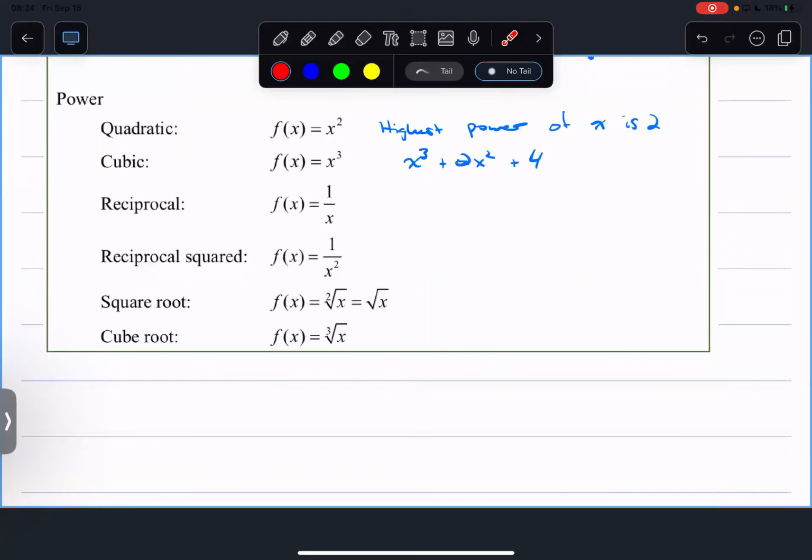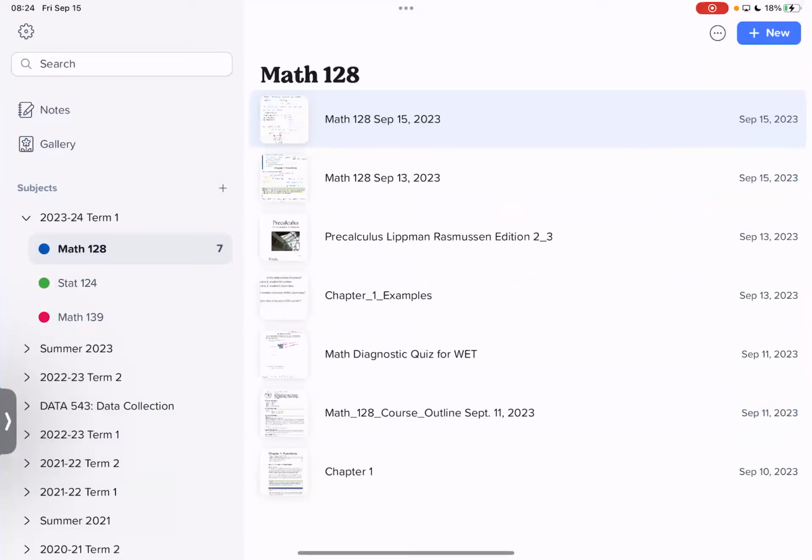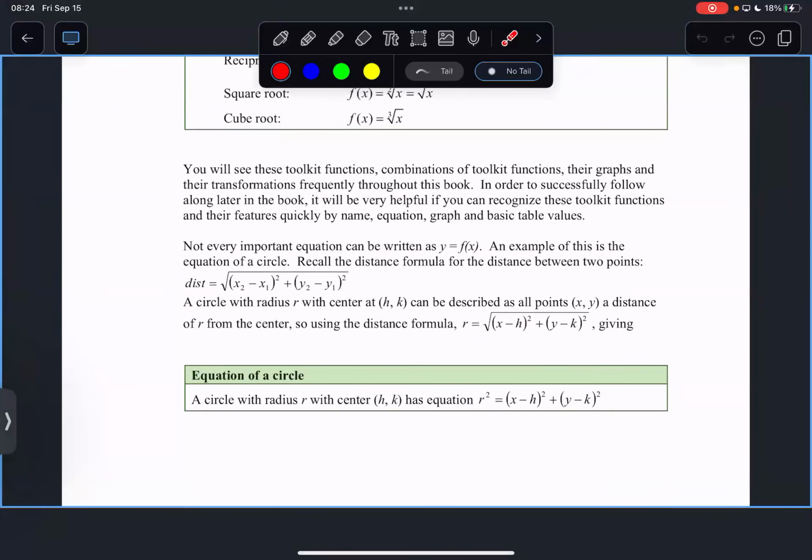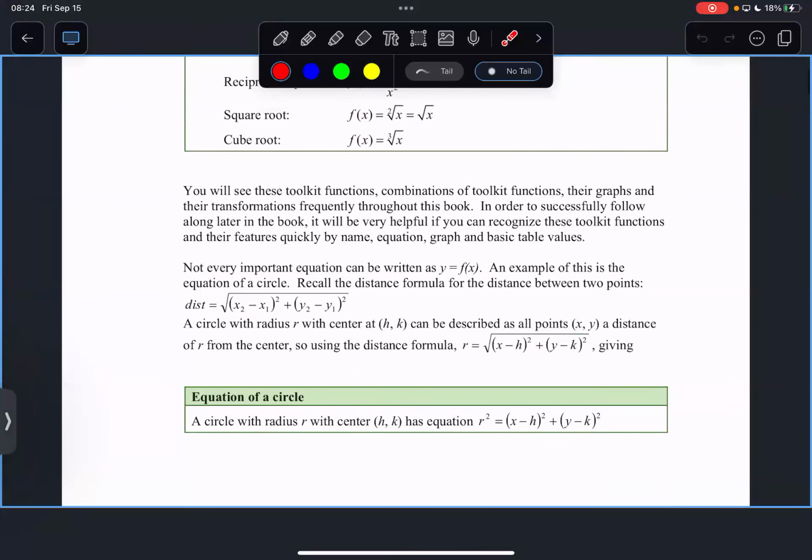Okay. So what are some things that we can do? Well, stealing this from the textbook. We're going to use these individual little pieces of a function to build bigger functions, right?